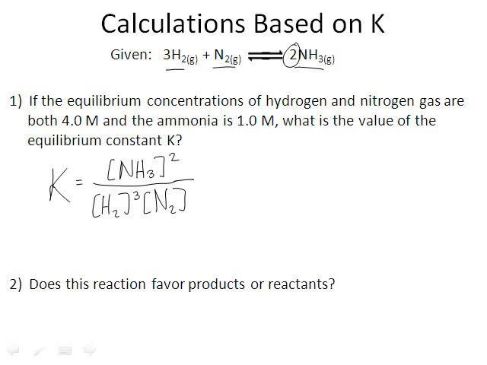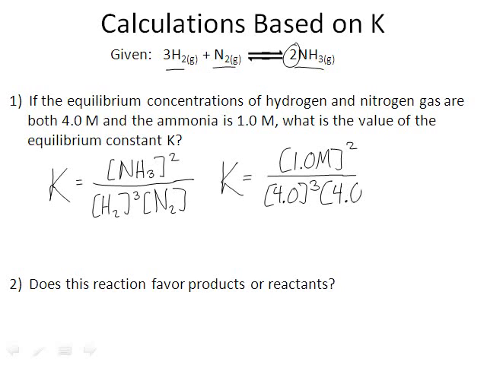Now we start filling in based on what the problem told us. So K equals my concentration of ammonia, which is in the top, is 1. So I'm going to say 1 molar squared. In the bottom, my concentration of nitrogen and hydrogen are both 4 molar. So I've got 4.0 to the third multiplied by 4.0.